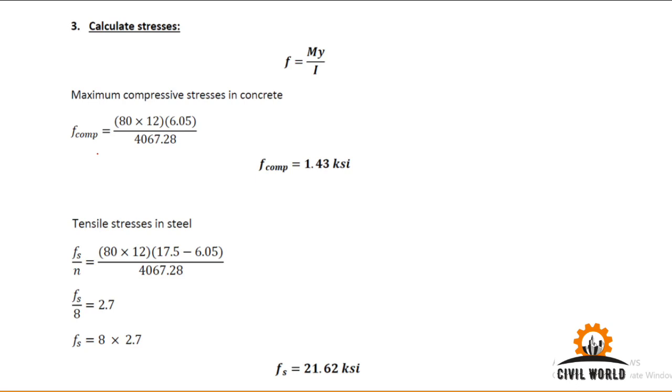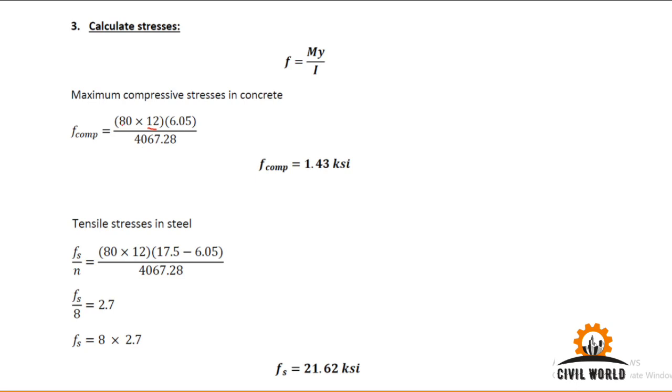So for maximum stresses in concrete, which occurs at the topmost fiber, we have F comp, which is given by M, which is 80 kip feet. We have converted it into kip inches by multiplying it by 12, because your distance is in inches and your moment of inertia is also in inches.